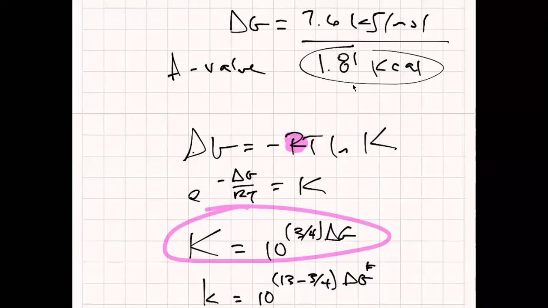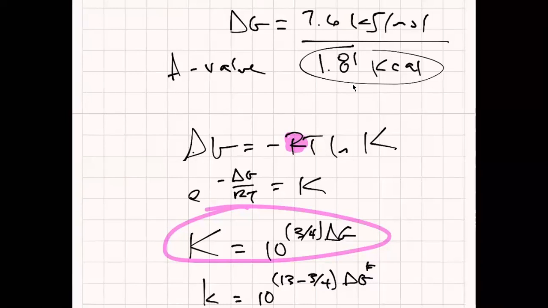So you can calculate the equilibrium constant for any isomer, whether it's mono-substituted, di-substituted, or tri-substituted. It's just a matter of knowing the energy values for your substituents being axial.